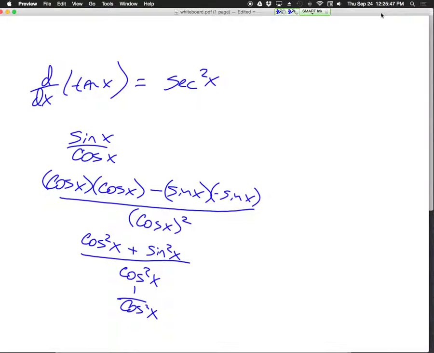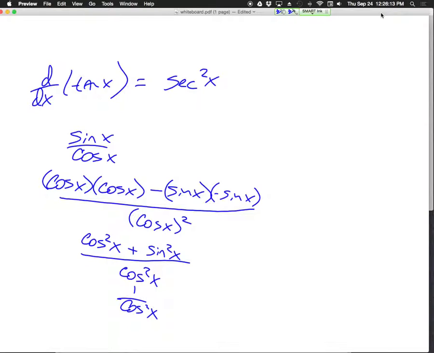Now obviously we do not have to go through all of that each time we want the derivative of tangent. Anytime I want the derivative of tangent, we automatically know it's secant squared. Desmond. How did you get from cosine squared x plus sine squared x over to 1 over cosine squared x? Because if you go back to last year, cosine squared plus sine squared is a Pythagorean identity, and that is equal to 1.